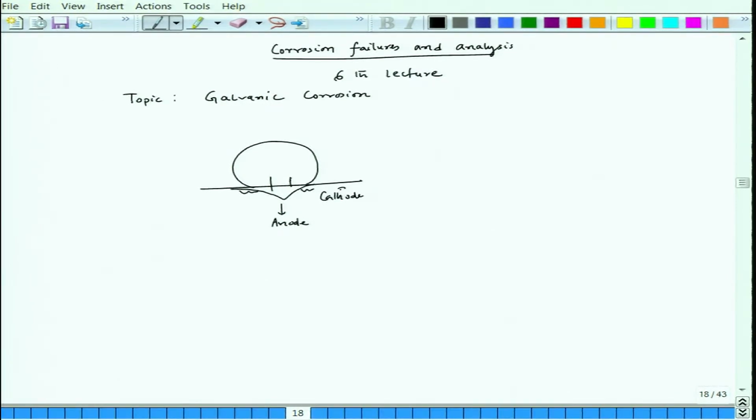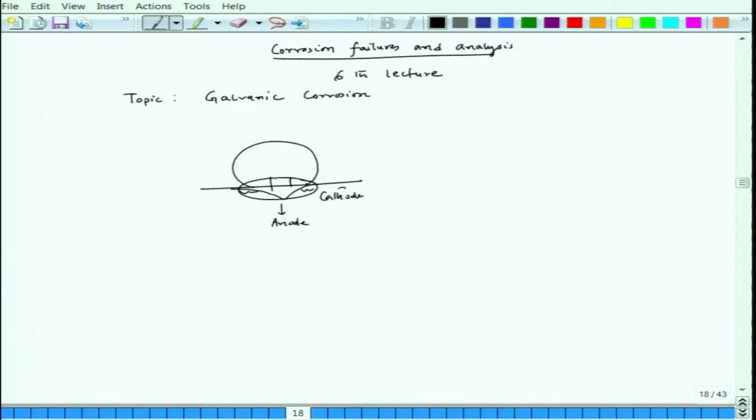And this happens because of the change in concentration of the dissolved oxygen in the droplet. Around the periphery there is no change in the oxygen concentration, but in the center part of that particular droplet we do experience oxygen depletion. That leads to a concentration cell, and that concentration cell leads to this difference in corrosion behavior across this area.